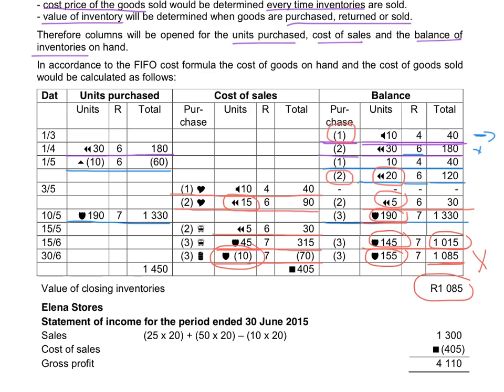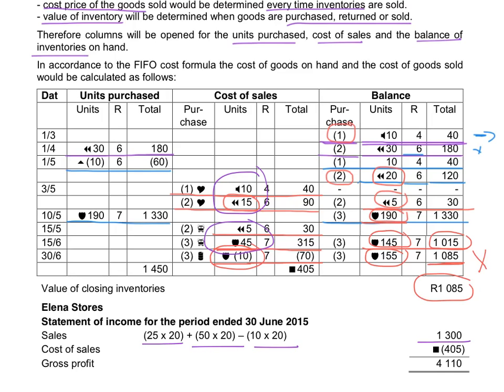So we look at all the entries where we sold goods. Here we sold 25 articles, the sales price was 20. And then we sold 50 at 20. And then 10 of them came back, so we have to subtract the 10.